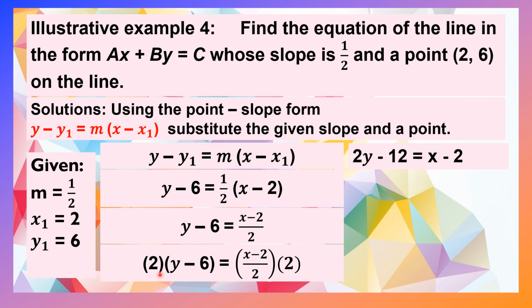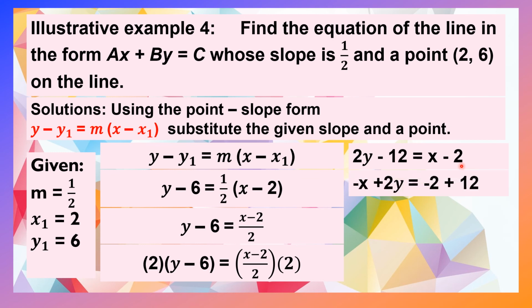Then, 2 times negative 6 is equal to negative 12. Then, equals 2 times x minus 2 over 2. Pwede na nating i-cancel out yung 2 na numerator, yung LCD natin dito, at yung ating denominator. So, ang natira na lamang ay x minus 2.